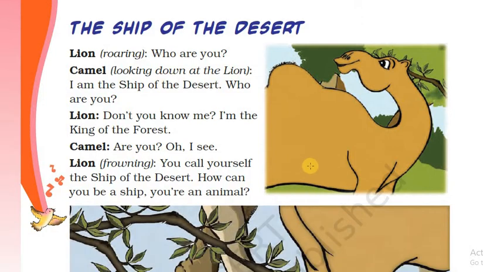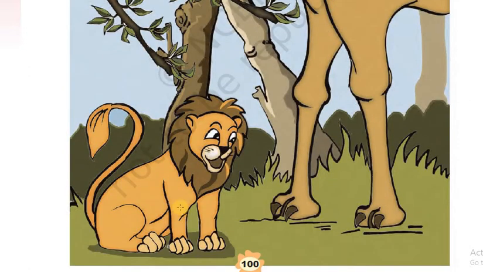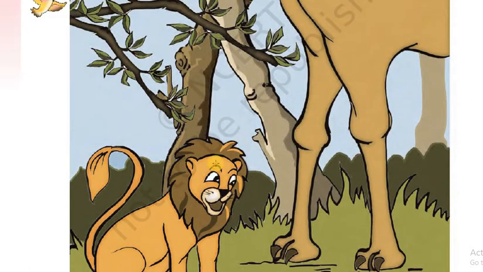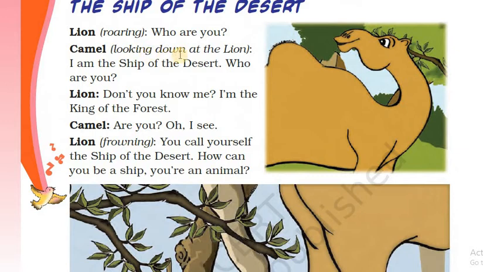You know that here the height of the camel is high and the lion, you can see in the picture. So if the camel has to talk with the lion, it has to look downside. So here it is said that looking down at the lion, he is giving the answer, "I am the ship of the desert. Who are you?"